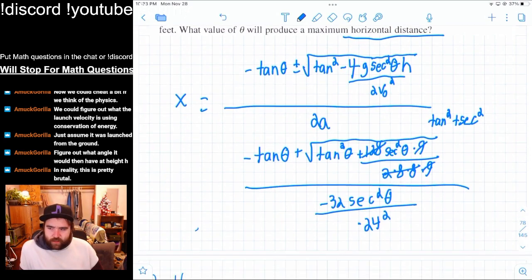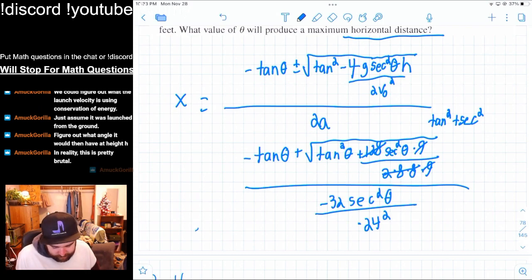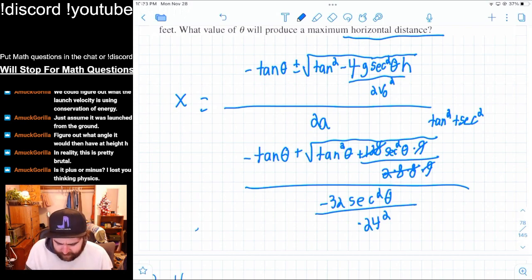Really, tan squared plus secant squared. So I'll assume I'll do the assume it was launched from the ground thing after I hopefully end up finishing this out.